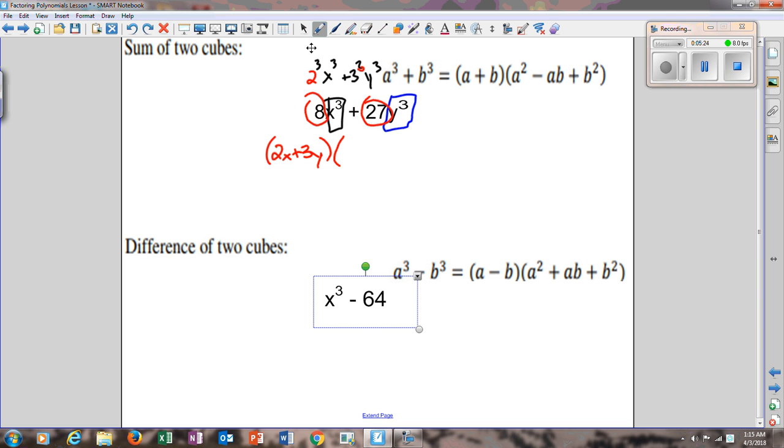Then you would have whatever your a term is squared. So that would be 4, because 2 squared is 4, x squared minus, and then it's your a times b. So it'd be 2x times 3y, which will give you 6xy.